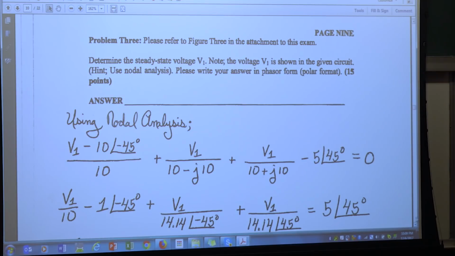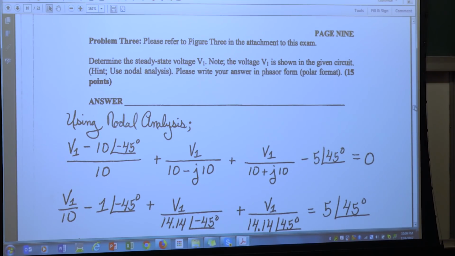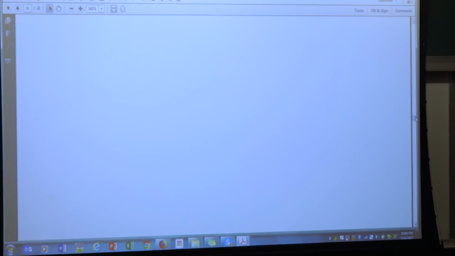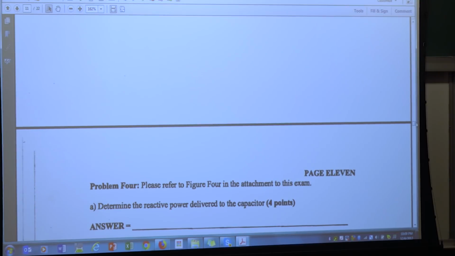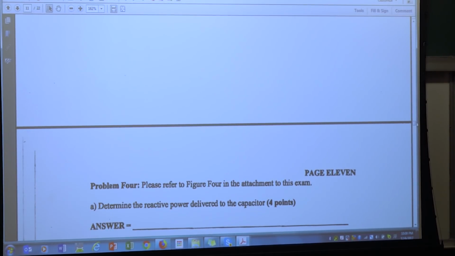So this is problem 3. And now we're going to do problem 4. And I think problem 4 is near and dear to your heart because it's real and reactive power. And I bet you know how to do this too.